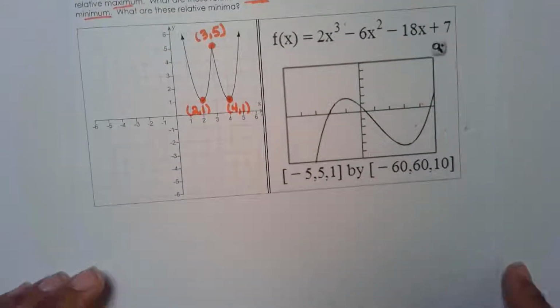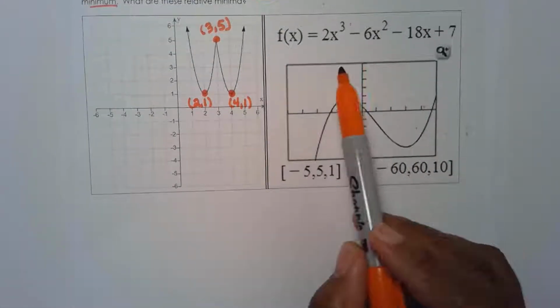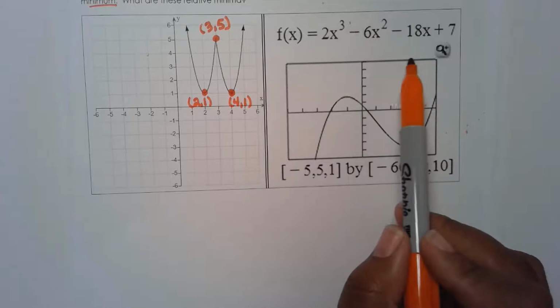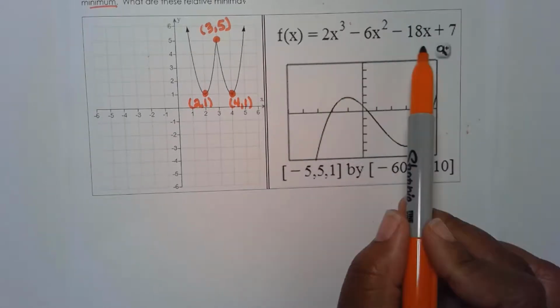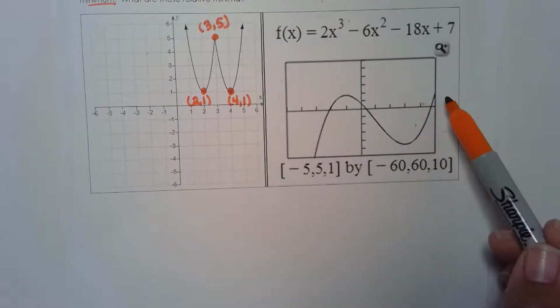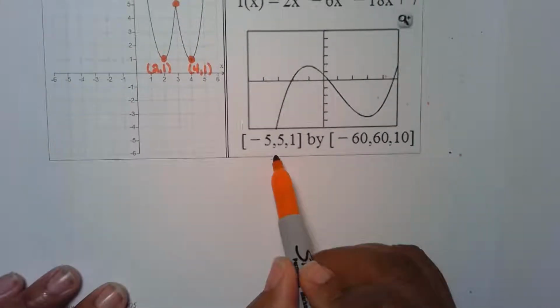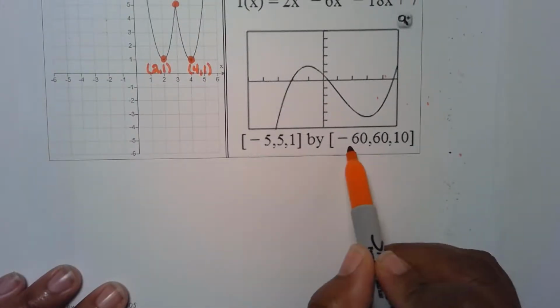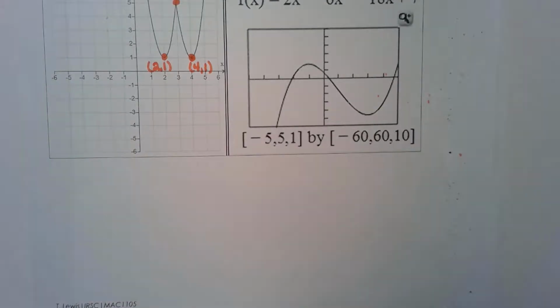This time you have a screenshot of what you would see if you enter this information into your graphing calculator. This equation, 2x cubed minus 6x squared minus 18x plus 7, this is the graph that you're going to see. But what we haven't talked about is the window, the range. So let's talk about this.